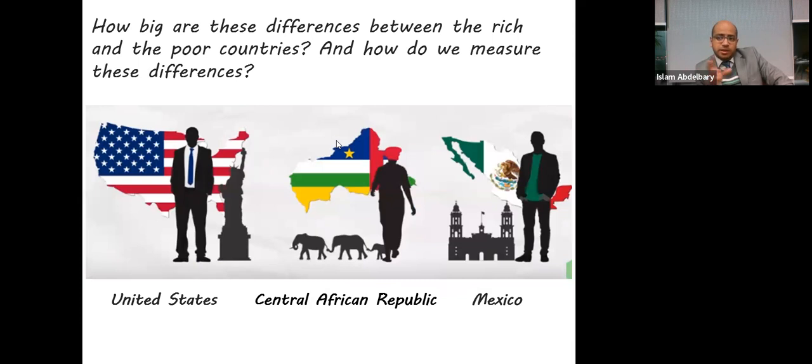Imagine we have 3 people from 3 different income levels. We have someone from the United States, which represents a high income country, from Central African Republic, which represents a low income country, and Mexico, which represents a middle income country.